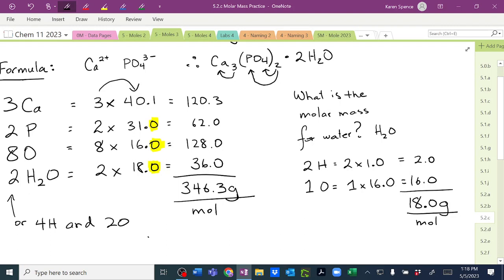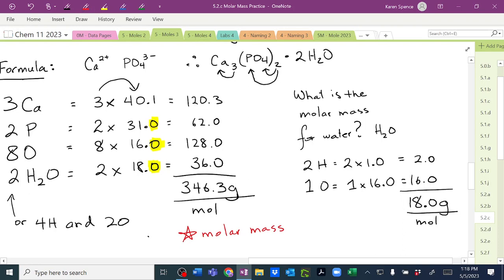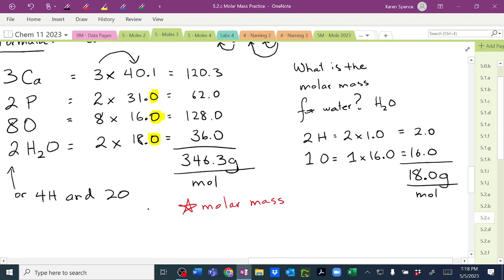You'll always know your molar mass will go to 1 decimal place. If you use a different periodic table with 2 decimal places, then your molar mass would go to 2 decimal places, but not with the one we have.